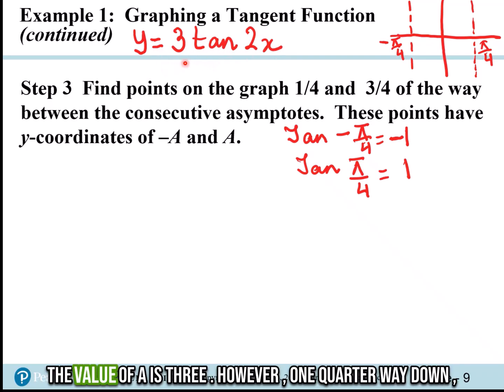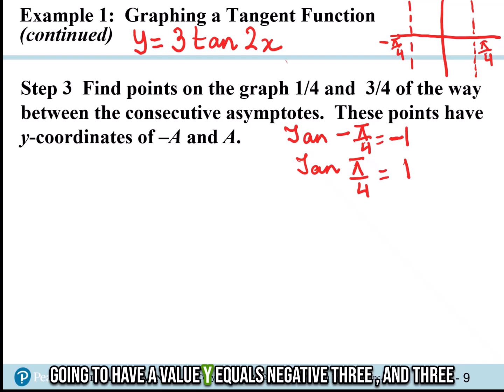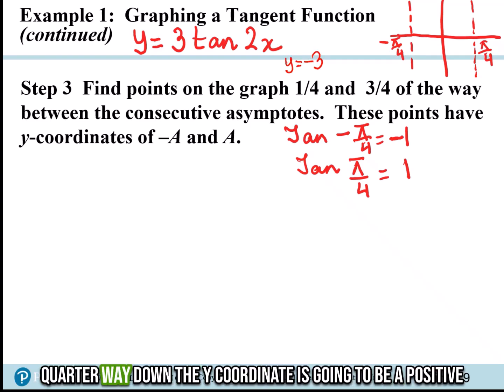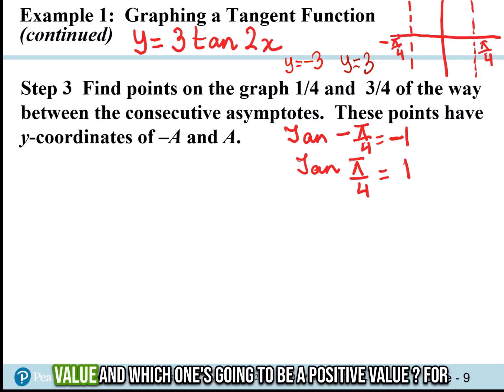Here, the value of a is 3. However, 1/4 way down, the point is going to have a y value of negative 3, and 3/4 way down, the y coordinate is going to be a positive 3. How do I know which one's going to be a negative value and which one's going to be a positive value?